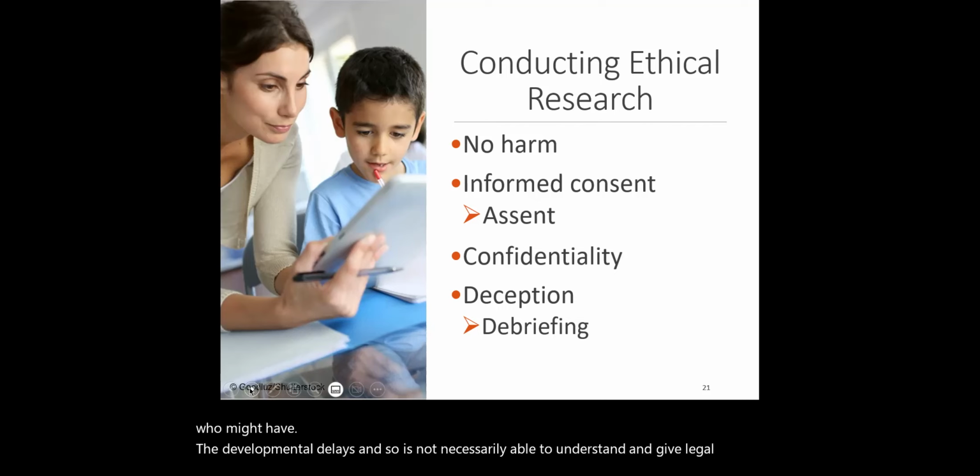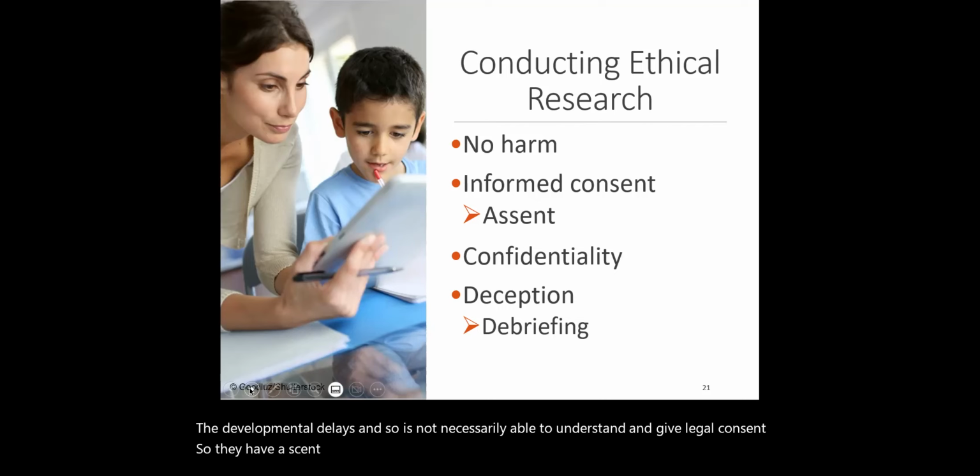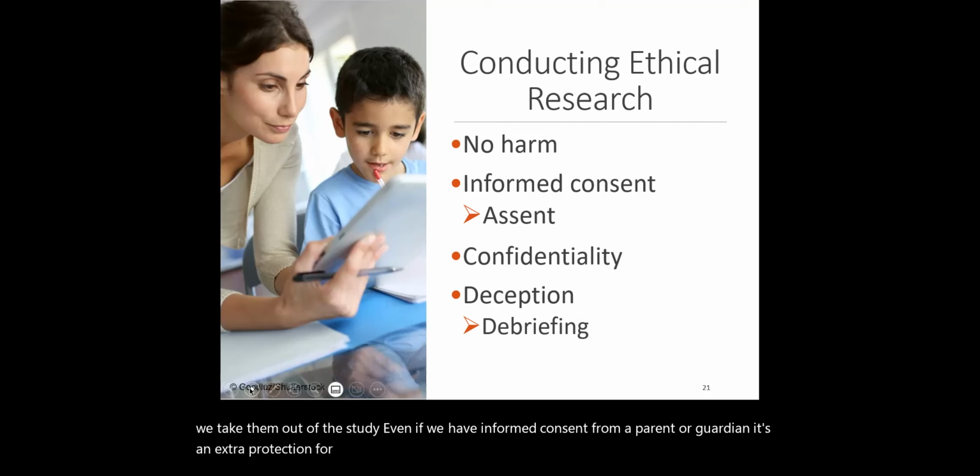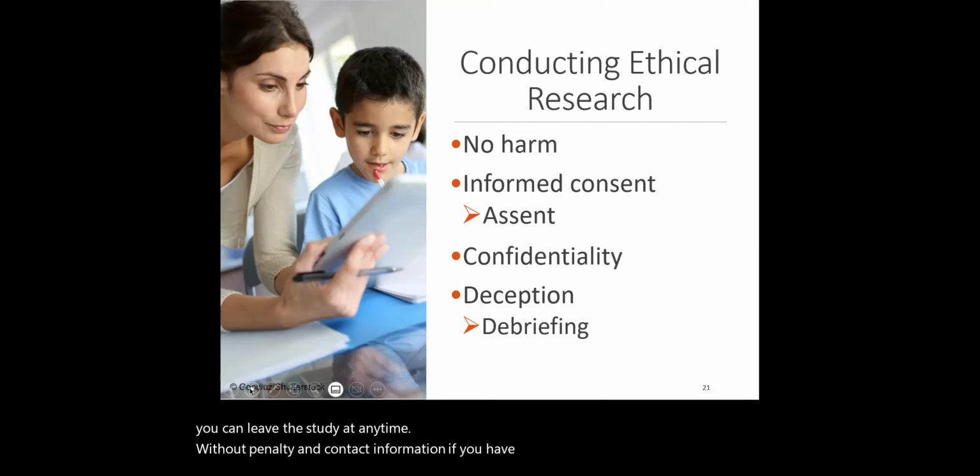So they have assent, which means if they act or say that they don't want to be a part of it, then we take them out of the study, even if we have informed consent from a parent or guardian. It's an extra protection for people who are at higher risk. In the informed consent, you're also told you can leave the study at any time without penalty, and given contact information if you have further questions, things like that.